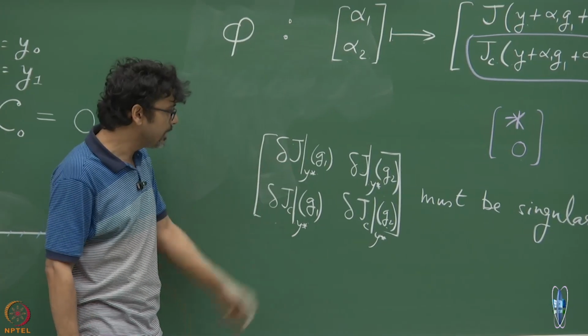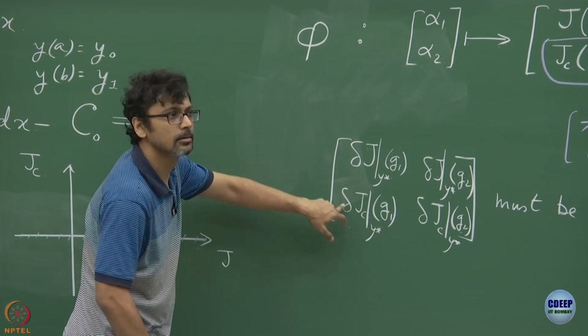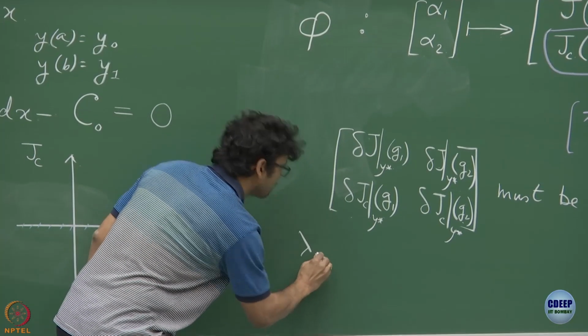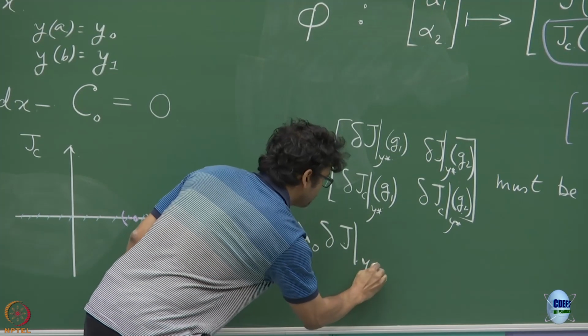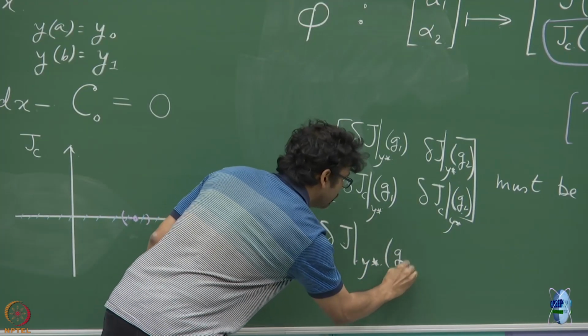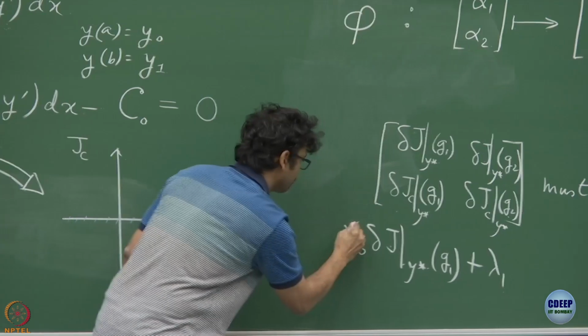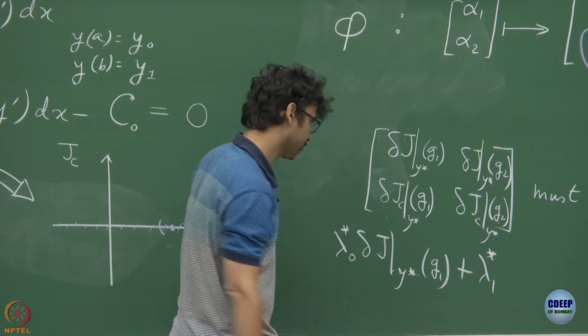Now what does it then mean? It simply means that first you look at this, the ratio between these two, and find out lambda 0 star here with respect to G1 plus, okay, maybe you call it lambda 0 star because of the optimality condition invoked here.